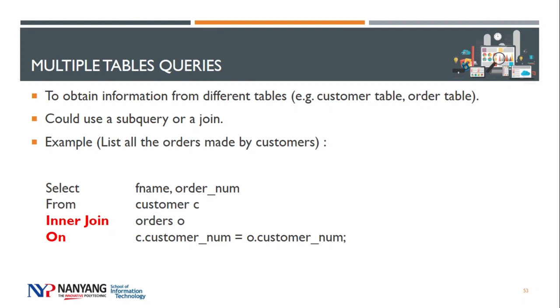In this case, you could use an inner join, whereby you select the first name from the customer table and inner join it with the orders table. The condition to join them is that the customer number in the customer table must match the customer number in the orders table.